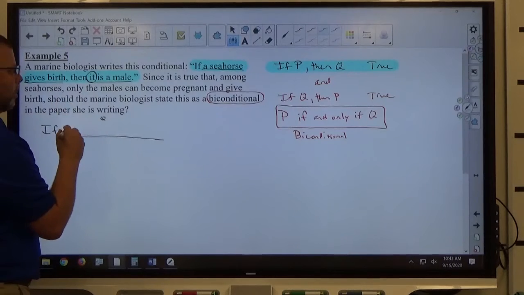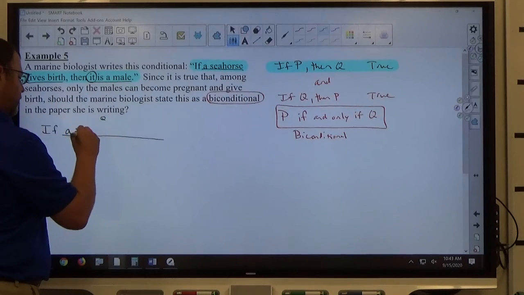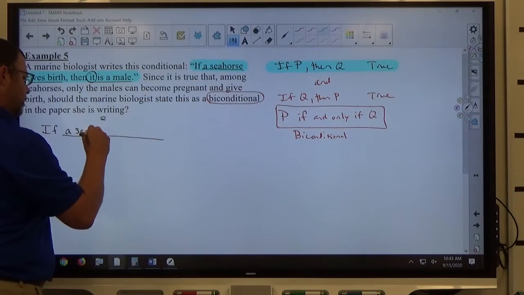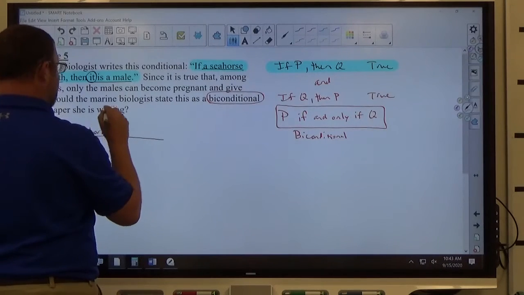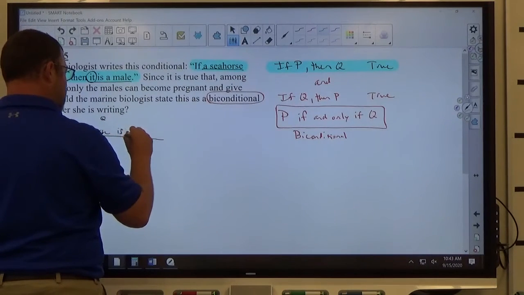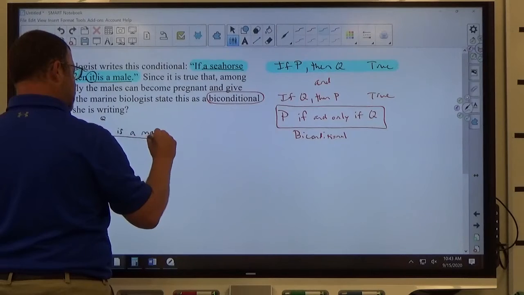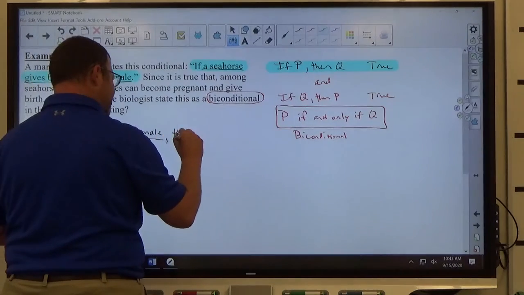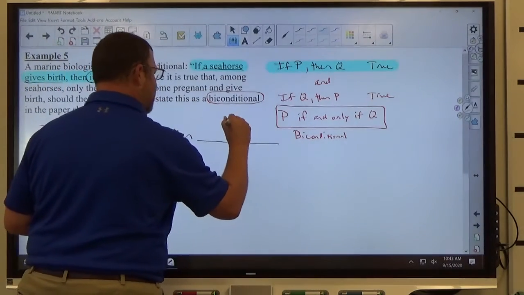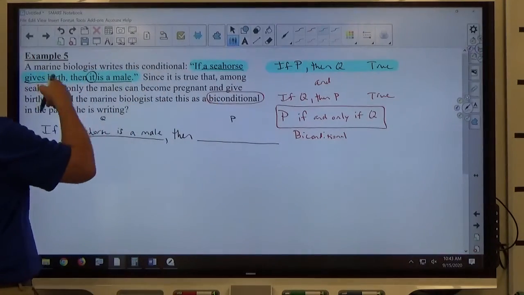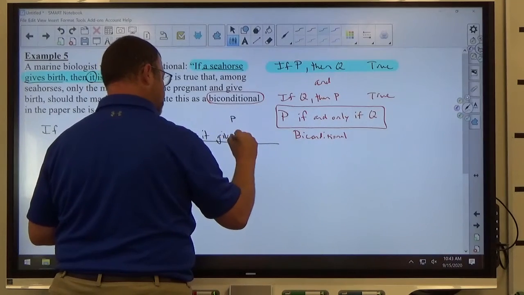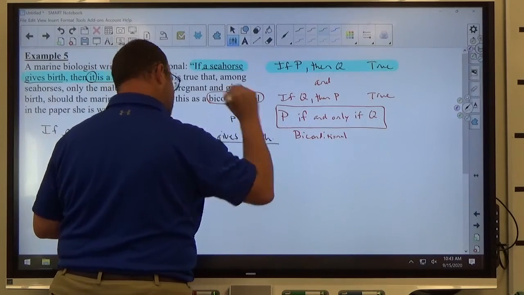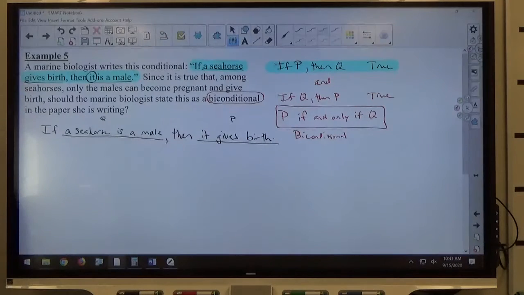So if a seahorse is a male, comma, then we want to write P here, right? A seahorse gives, so it gives birth. That would be the converse of the statement.